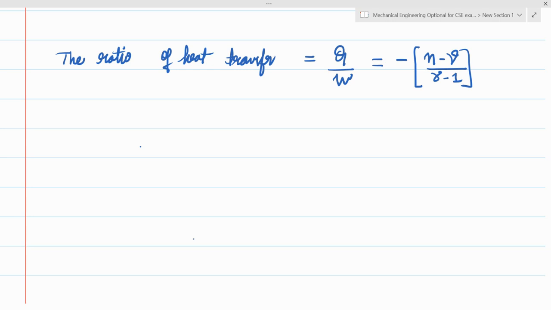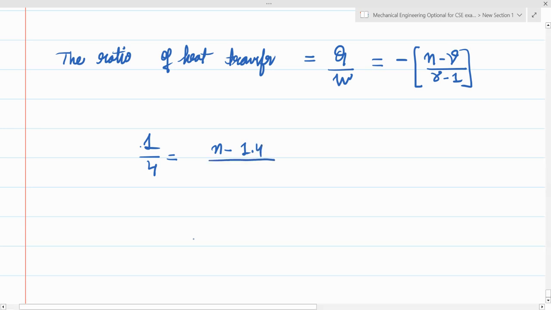So we know that Q upon W ratio is given as 1 by 4, which happens to be (n minus 1.4) divided by (1.4 minus 1). This implies n is equals to 1.5.